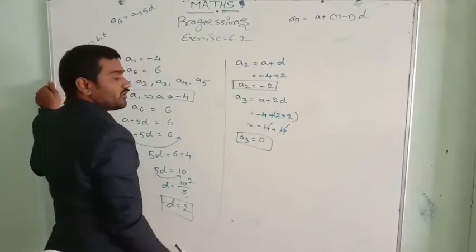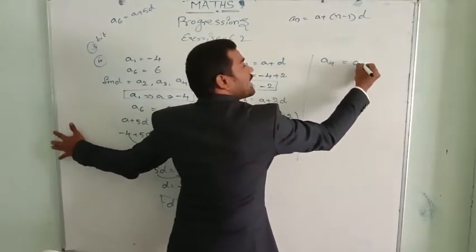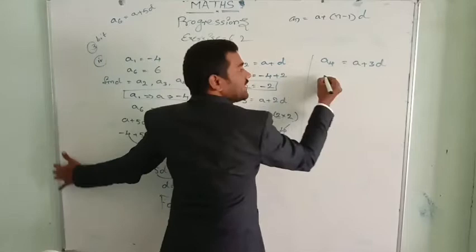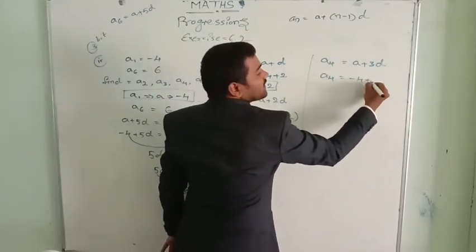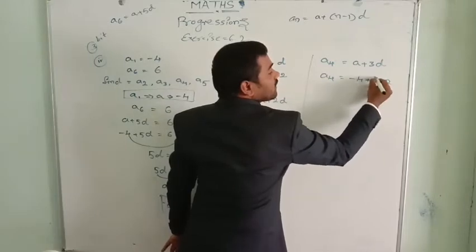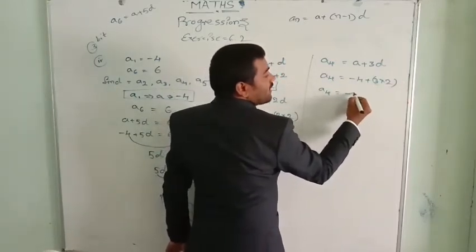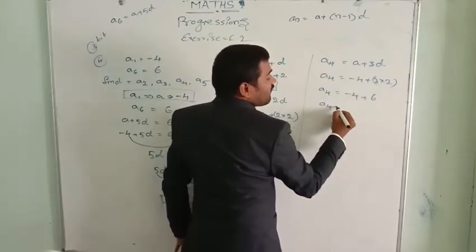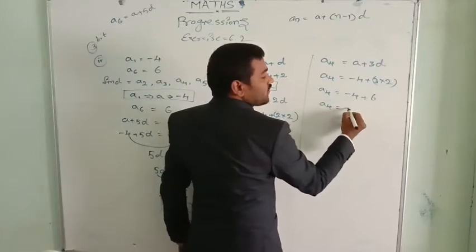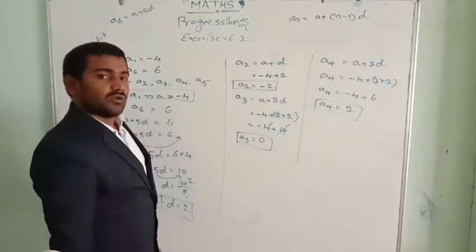Now we need to find out A4. A4 equals A plus 3D. The A value is minus 4, plus 3 into the D value, which we got as 2, the common difference. So A4 equals minus 4 plus 3 twos are 6. Thus A4 equals 6 minus 4, which is 2.